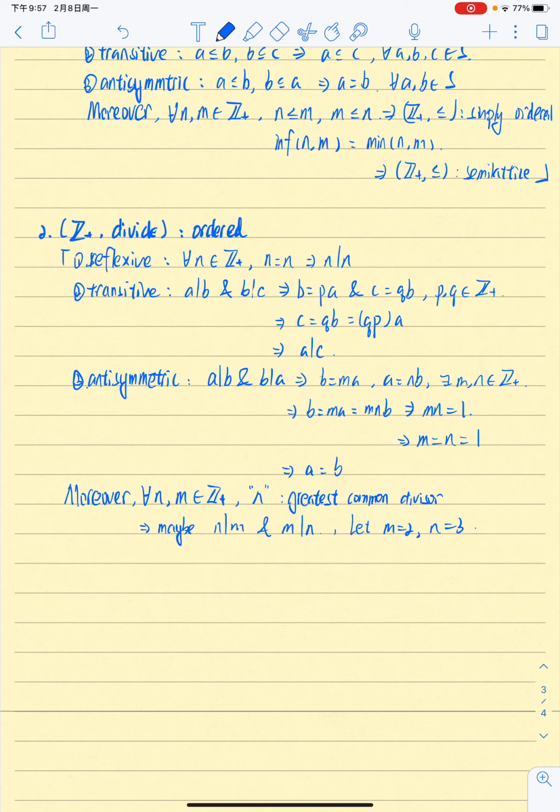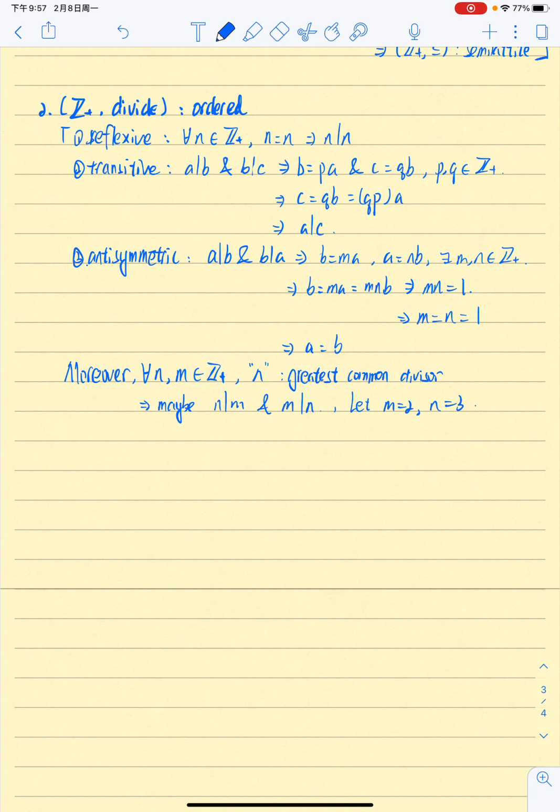They are prime numbers. So by the relation divides, this is not simply ordered.